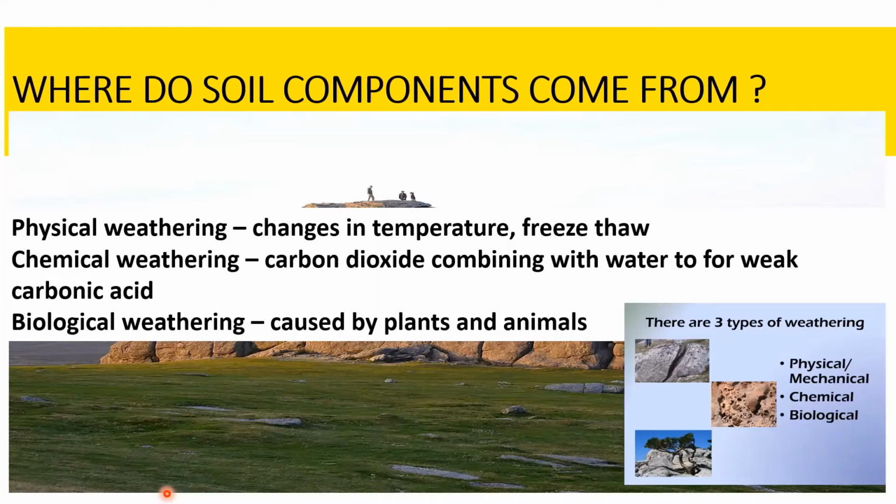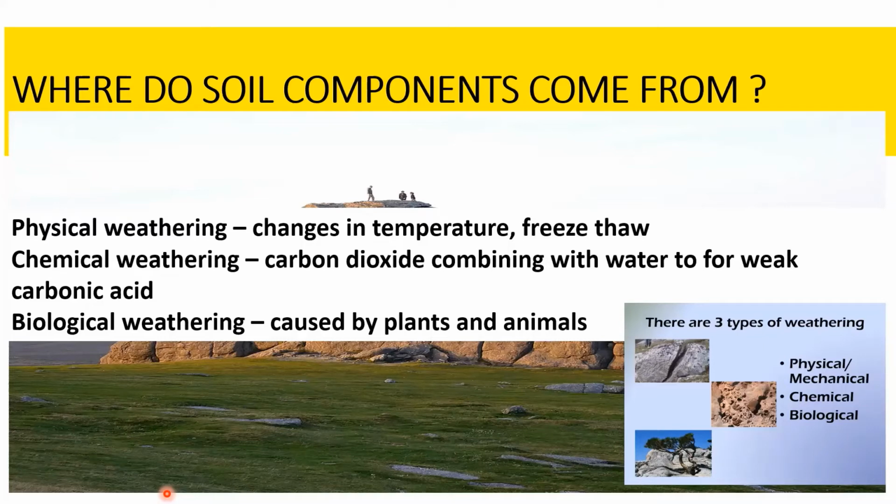The last type of weathering is biological weathering. Biological weathering is caused by animals and plants. For example, rabbits and other burrowing animals can burrow into a crack in a rock, making it bigger and splitting the rock. You may even see weeds growing through cracks in the pavement in the countryside.